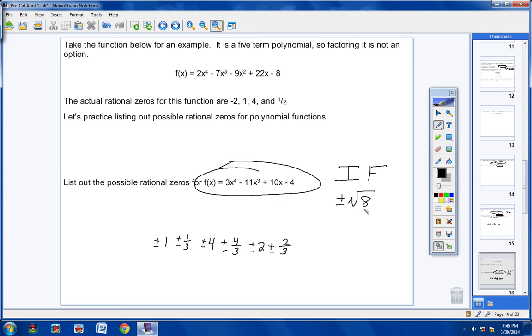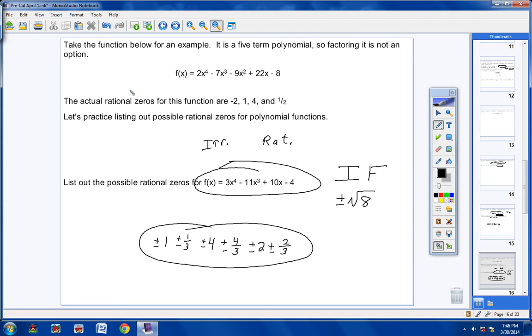And that's fine. That means you have two zeros for this function. But it would not be in this list because this is an irrational zero. A polynomial function can have irrational zeros, or it can have rational zeros, or it might have no zeros at all. This list here is for rational zeros only.